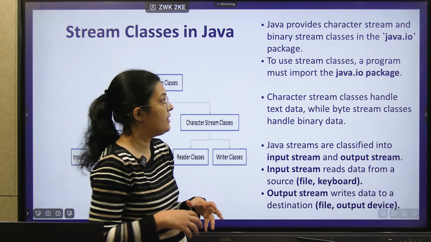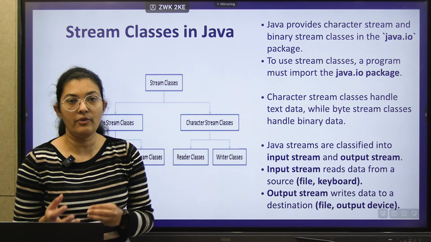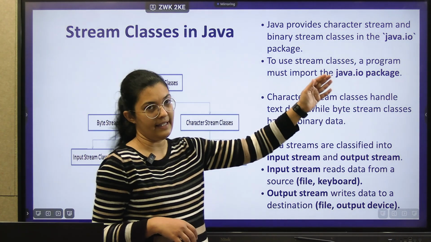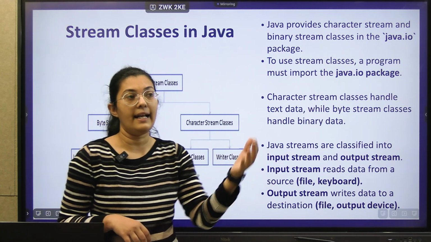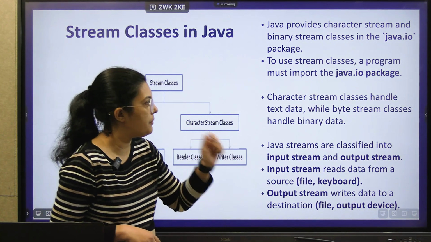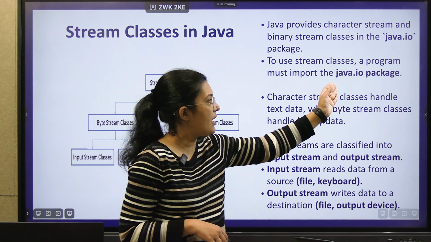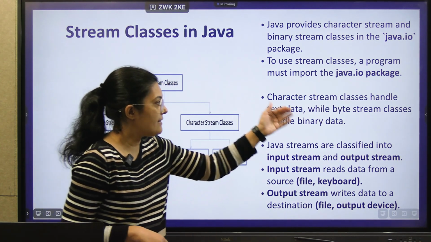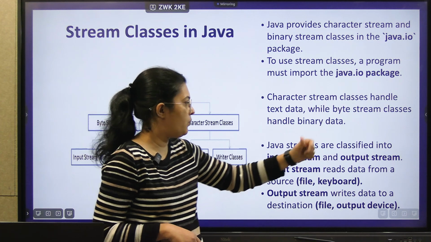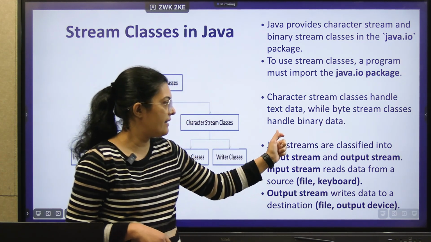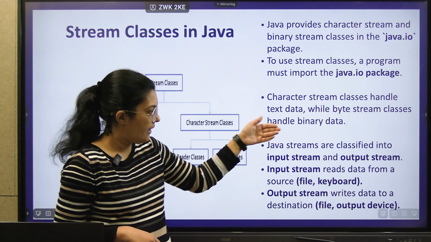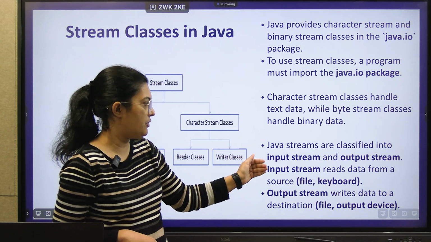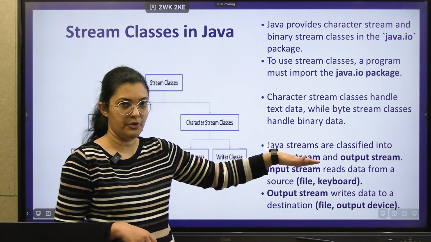Next, all these classes are provided inside the java.io package. So before you write any program, you have to make sure your program imports the java.io package. Character streams handle text data, whereas byte streams handle binary data. All streams are divided into two parts, input stream and output stream.